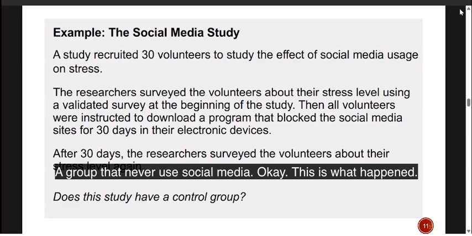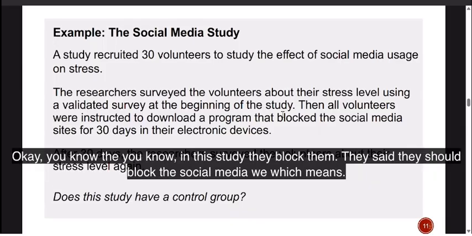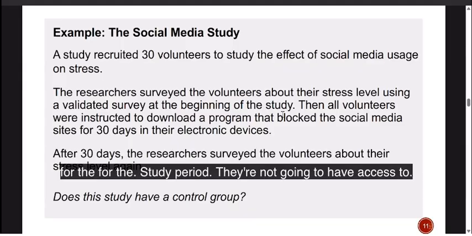Okay, this is what happened. The group that never used social media and those that use social media. In this study they blocked them. They said they should block the social media, which means for the study period they're not going to have access to social media.